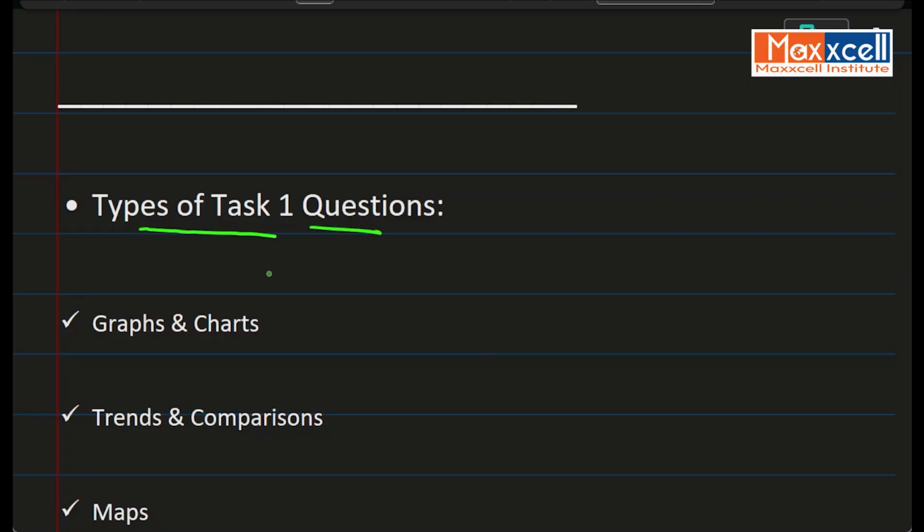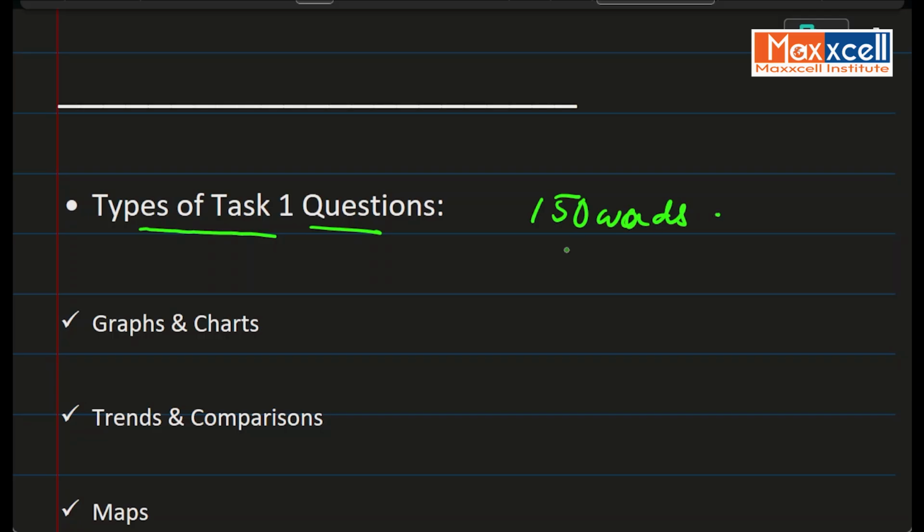Task 1 questions. Now what happens is that when it comes to writing task 1, you are required to summarize, to compare, and to describe visual data in minimum 150 words.